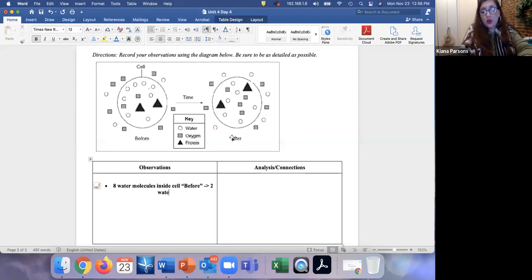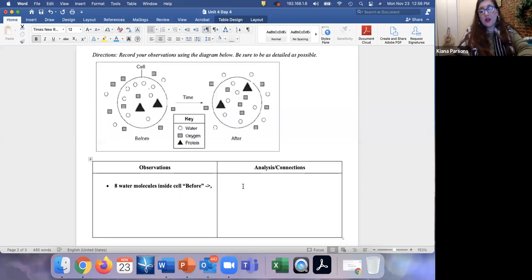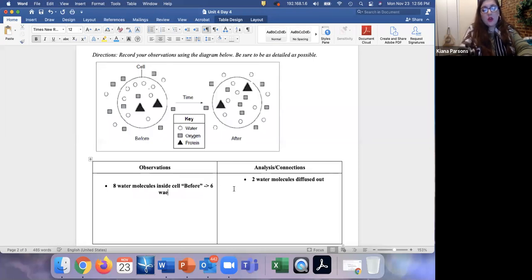So 2 water molecules diffused out is our analysis. 6 water molecules inside after, right?